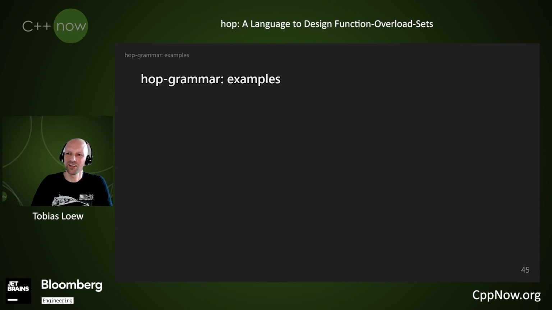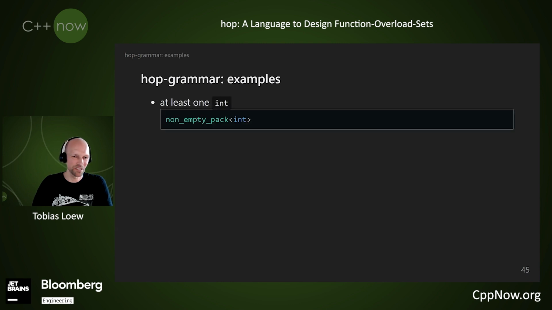Okay, so let's look at some examples. When we want to have at least one integer, we would write a non-empty pack of ints.